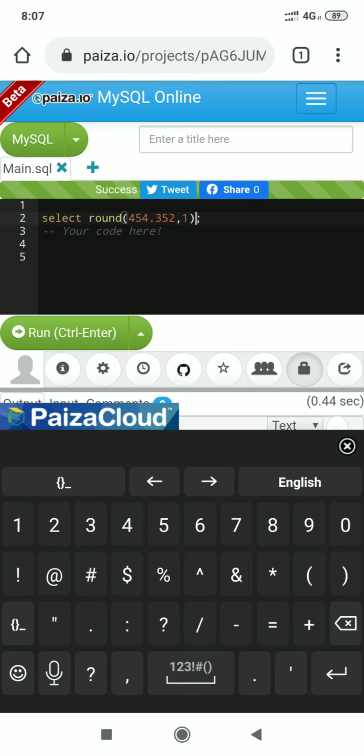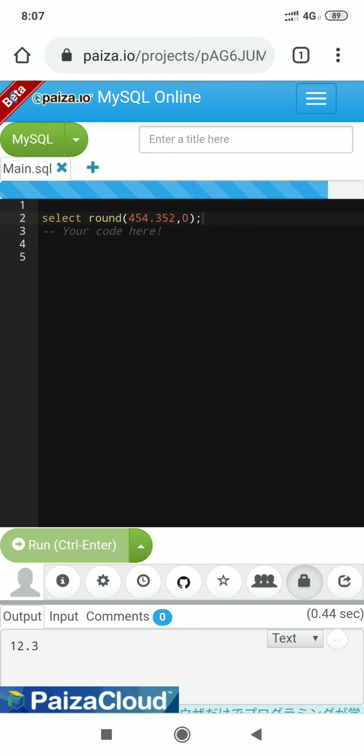Consider first 0 as the rounding position, 0 as the decimal place for the rounding operation. So at the 0 location it is 4, and its right side value is 3 only. So 454 should be the answer. It is performing the operation and returning the result, that is 454 only. That is very easy.